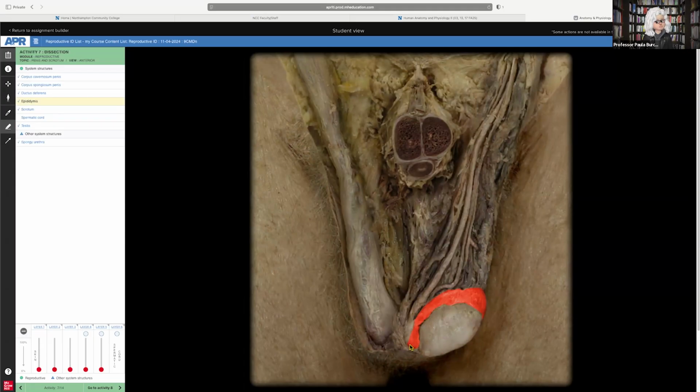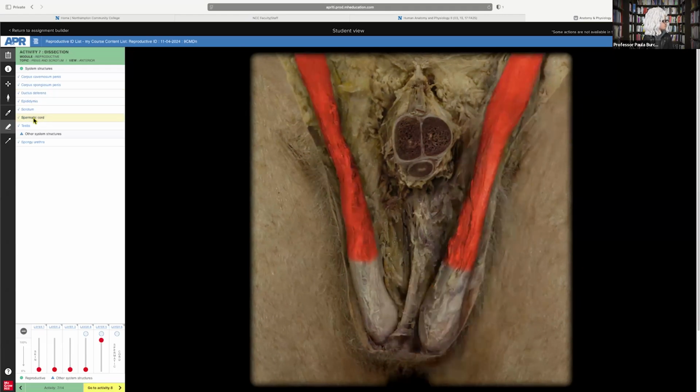So this is where the sperm are going to be stored until ejaculation. And then during ejaculation, the sperm then move into the ductus deferens or vas deferens. The ductus deferens, as well as blood vessels and nerves, are going to go through the spermatic cord or be housed within the spermatic cord. And again, I want you to go and look at the information here. It's going to tell you that the spermatic cord goes through the inguinal canal.